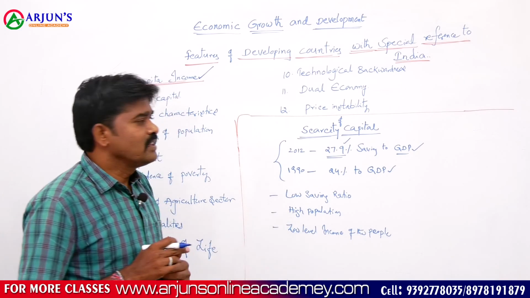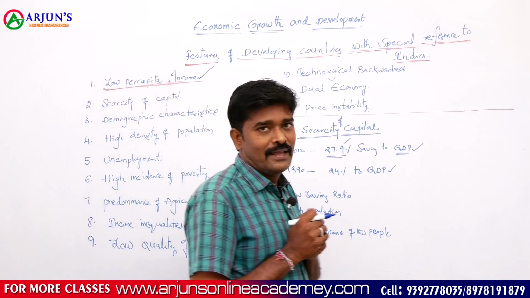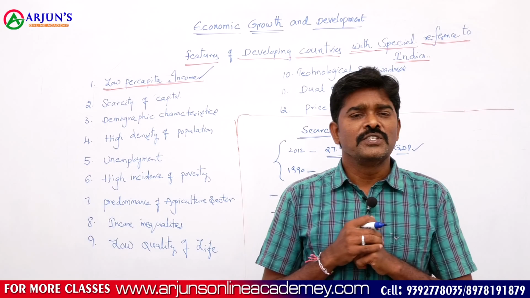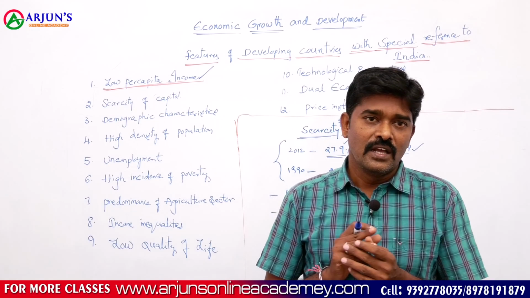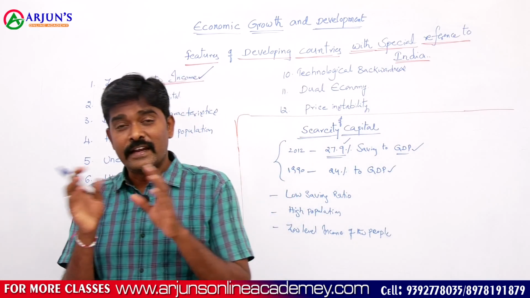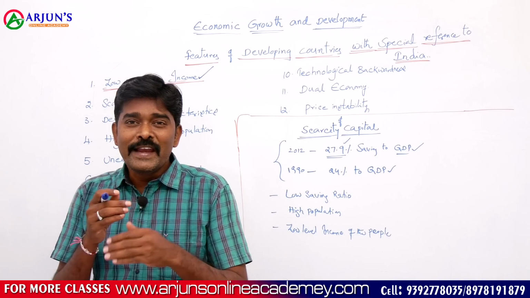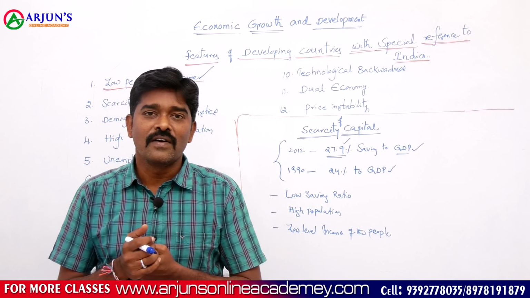That is why they are unable to save more money, and the saving ratio is very low. Whenever the saving ratio is low, capital formation is low. Saving leads to capital accumulation and capital formation.